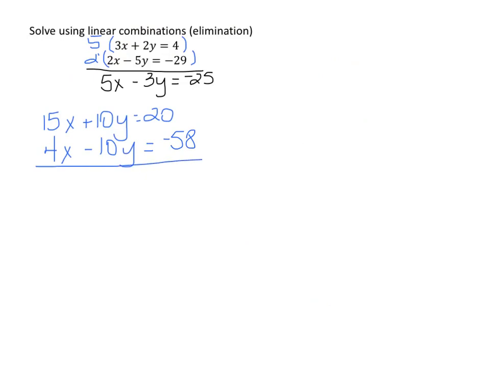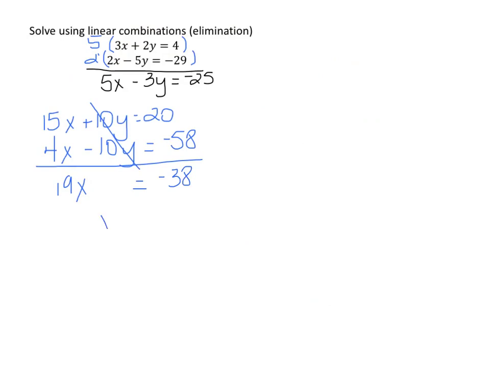Now when I add these equations, 15x and 4x become 19x. 10y and negative 10y eliminate. And then 20 and negative 58 become negative 38.